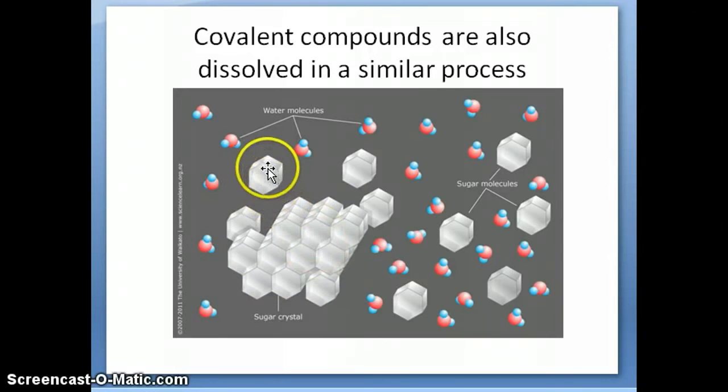Each hexagon that's drawn here represents a sugar particle. Sugar is not an ionic compound, so the sugar particle is just one unit, and it makes interactions with other sugar particles in the solid. This is a solid structure of sugar, the sugar crystals, which is the sugar that you have at home.